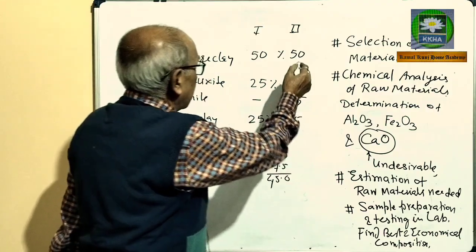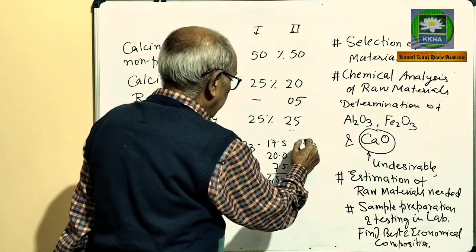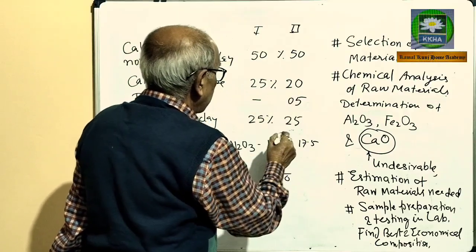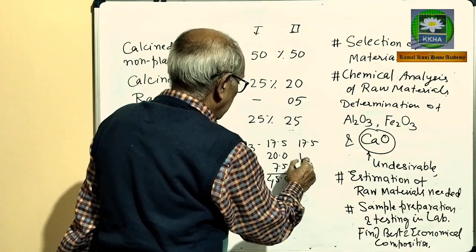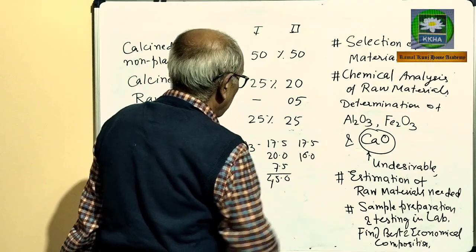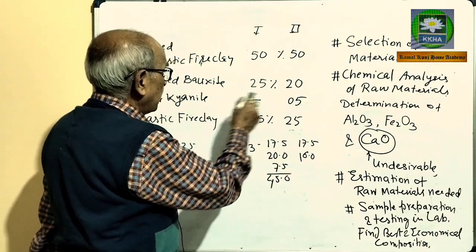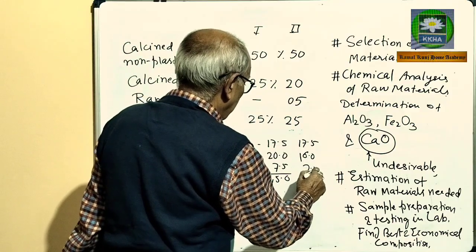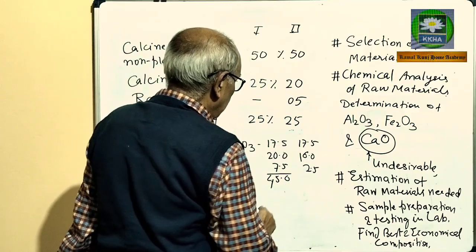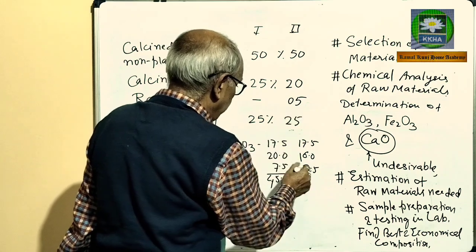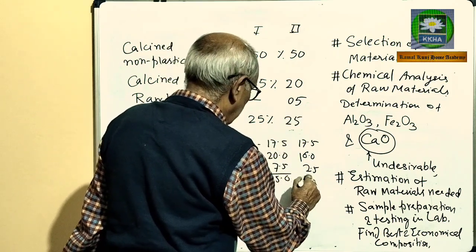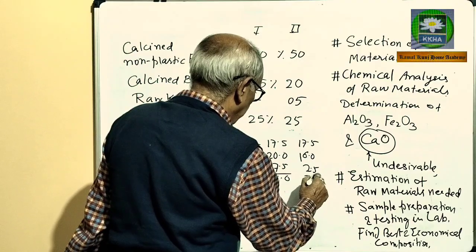Next is the second composition: 17.5 from calcined clay. Here 20% becomes 16, if we take 80% alumina. Raw kyanite 5% at 50% alumina gives 2.5, and plastic fireclay is the same.